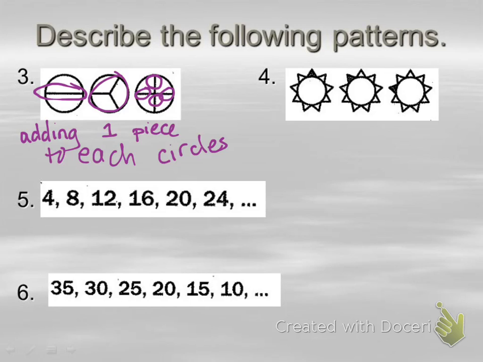There are multiple ways to describe this. You could say, like the original answer, you're adding 1 line each time, you're adding 1 piece each time, my first hour wanted to describe it using fractions, so if you want to do it that way, you can. As long as I can read your description and visualize the next figure from your description, you are good to go. All right, in any order, any other ones you feel really confident about?